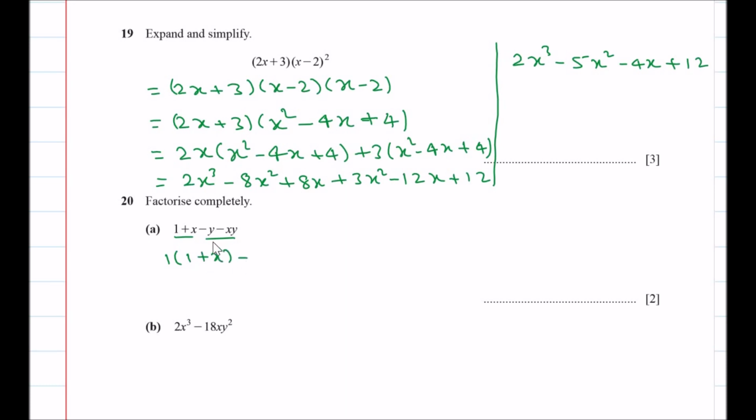Now in the last 2 terms we have minus y as common factor, that gives us 1 plus x in the bracket. That means we got 1 plus x into 1 minus y. Answer is 1 plus x into 1 minus y.